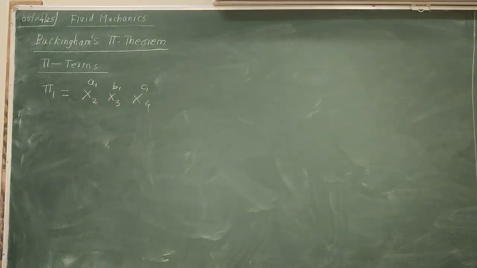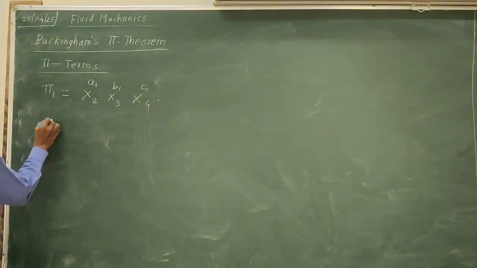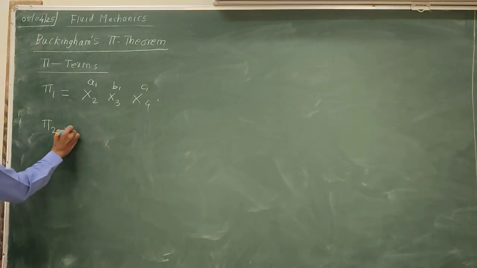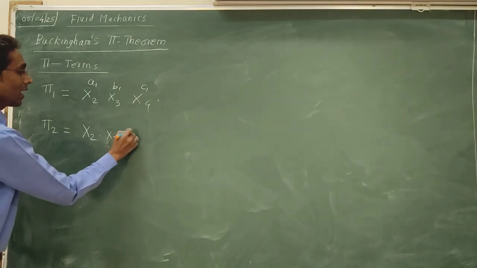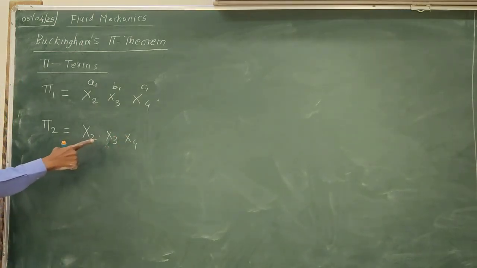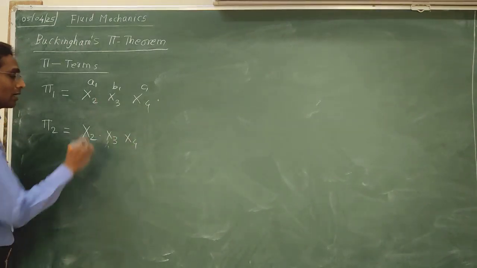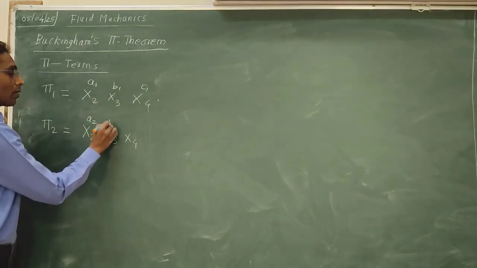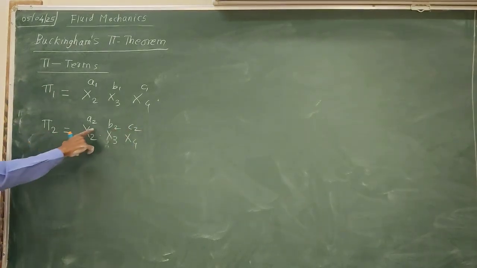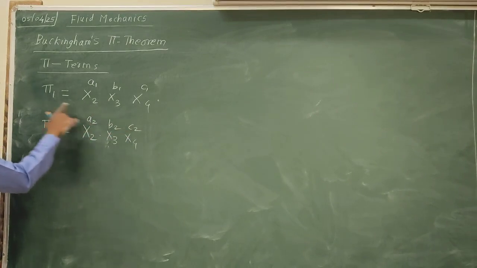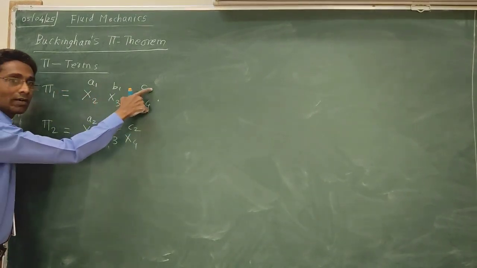Now in this way, the next term pi 2 will also be written in terms of x2, x3, x4. In all terms, these fundamental variables will come, but the exponents we write differently. For the second term we write a2, b2, c2; for the first term we have written a1, b1, c1.